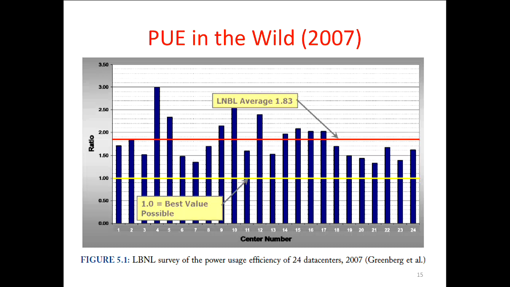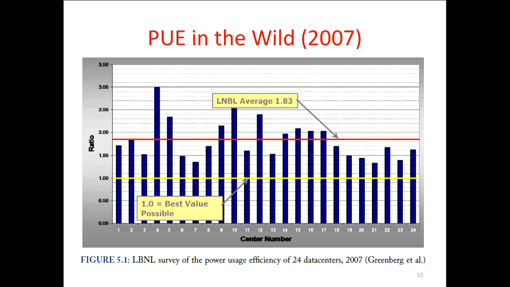So more than 60% of the total energy is consumed elsewhere, instead of being consumed by the computing unit here. And the average is about 1.83. So as you can see, it's very inefficient, right?